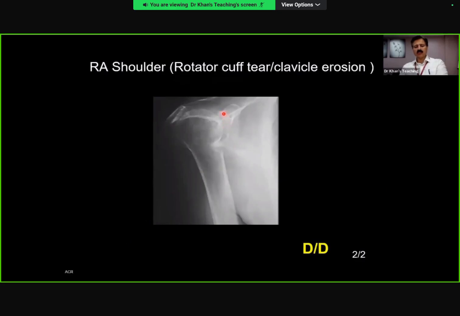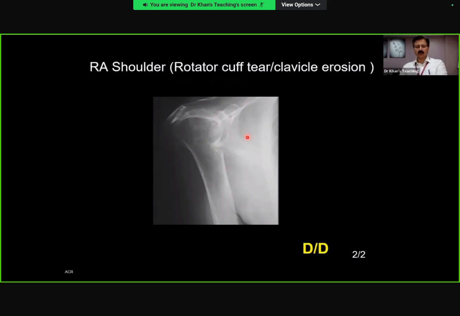So what happens is that there is superior migration of the humerus in relation to the glenoid. That also tells you that the rotator cuff is completely torn. With that, where is the clavicle? Ask yourself, where is the clavicle? And then you realize it's missing. Of course, in the exam, you can ask whether there is a history of any surgery.